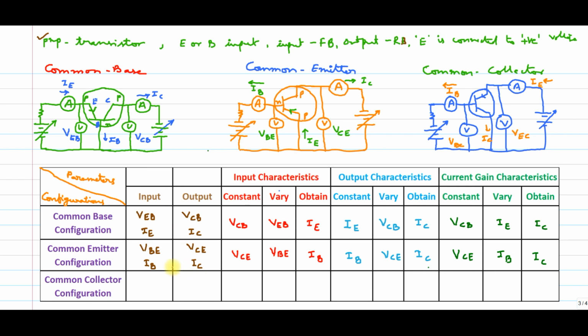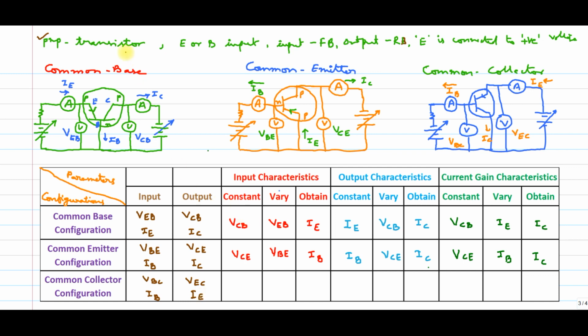Please find the input voltage and currents of the common collector configuration. The input voltage is VBC, the input current is IB, the output voltage is VEC, and the output current is IE.